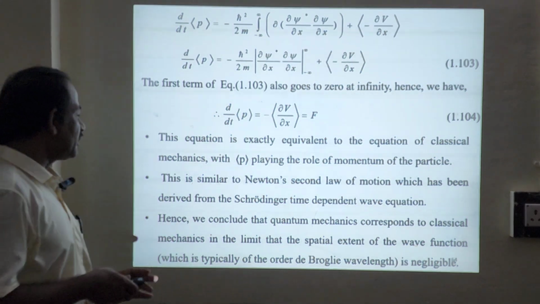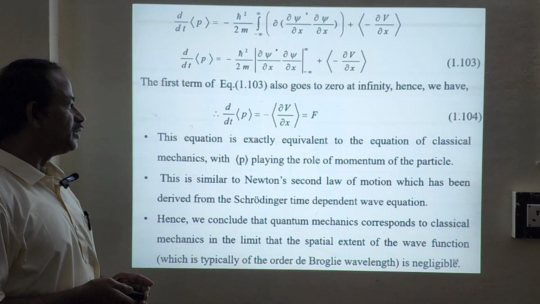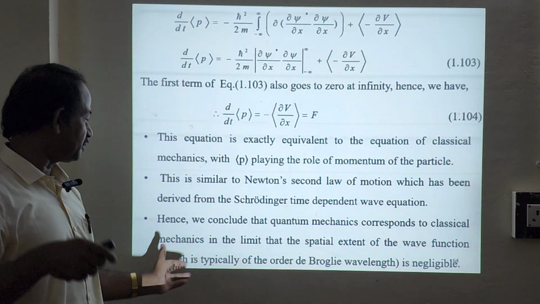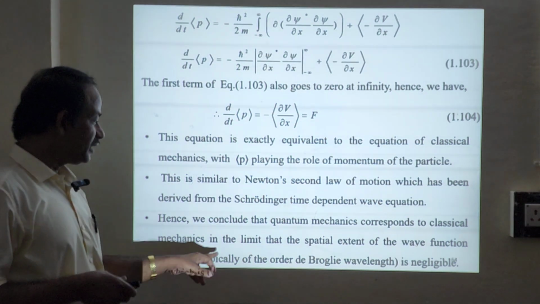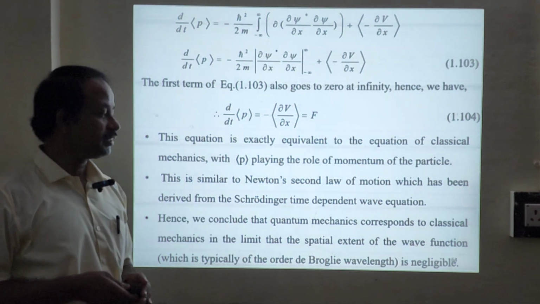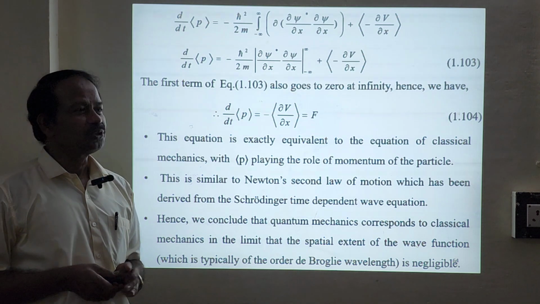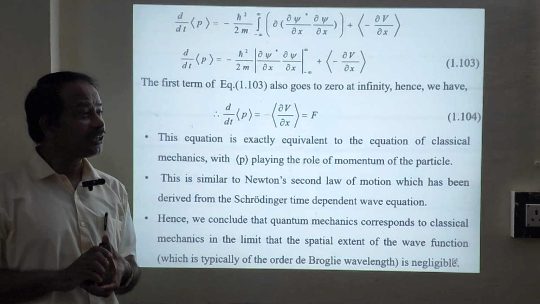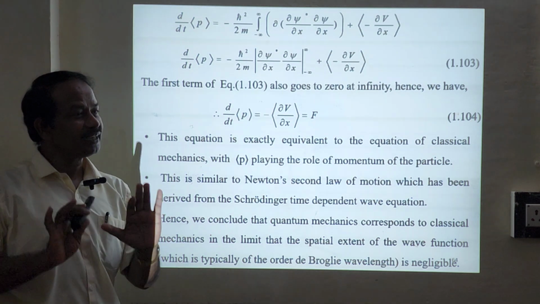Okay, so hence we can conclude that quantum mechanics corresponds to classical mechanics in the limit that the spatial extent of the wave function, which is typically of the order of the de Broglie wavelength, is negligible. So if you have a size which is exactly equivalent to the de Broglie wavelength, then quantum mechanics exists.